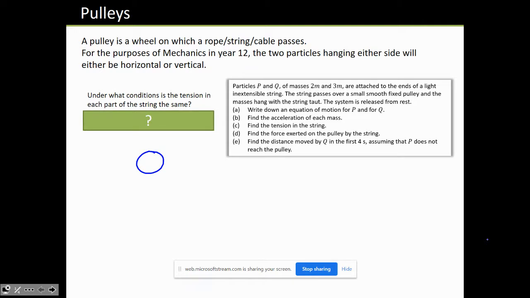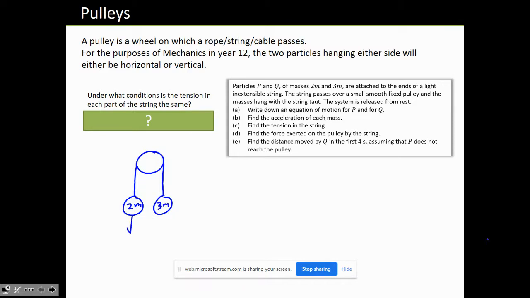It's smooth and fixed, which means there's no friction and it's not going to move. And the string is taut, so we have two masses hanging either side of this pulley. And we have one mass here, which is going to be of mass 2m, and another one of mass 3m.